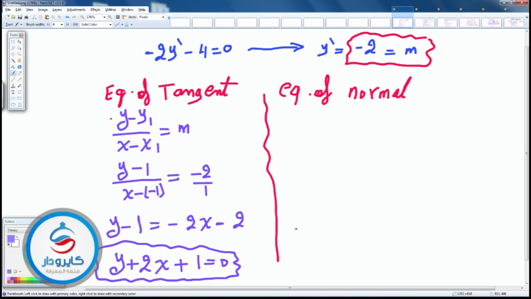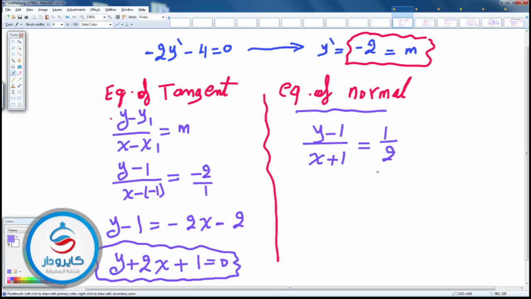Now we are going to find the equation of the normal. Don't forget to use y minus 1 over x minus negative 1, meaning plus 1, equals the slope turned upside down with the sign changed, which will be one half.